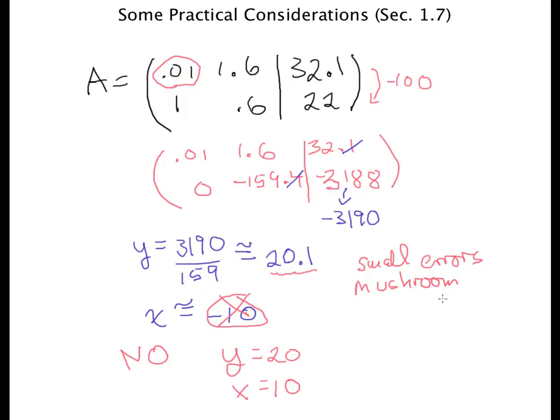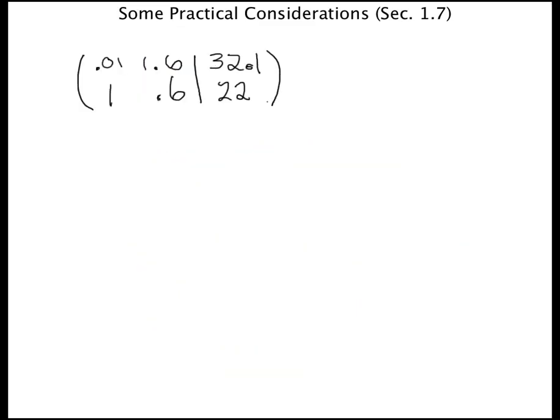Now, what you would do in this example is the following. Rather than worrying about these silly round-off errors, there's a much simpler way to proceed, which is to simply switch the two rows and get yourself a better pivot. The problem here was this 0.01 required you to multiply this row by minus 100. And that blows things up and causes all sorts of trouble.